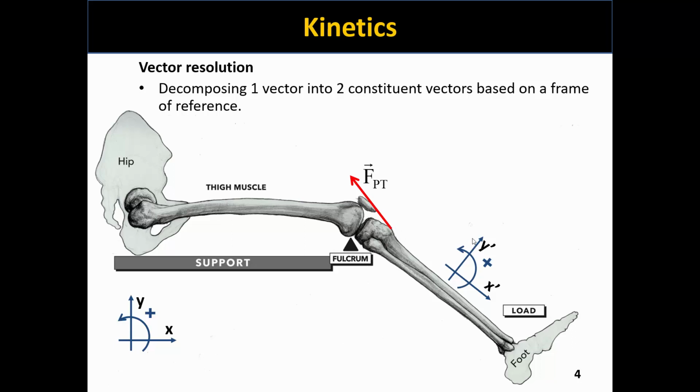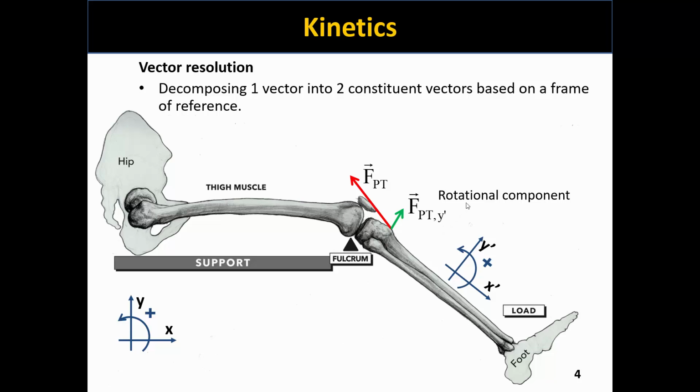Now, because we have our coordinate system specific to the position of the leg, we can take this resultant vector and decompose it into two separate parts. We have a vector that is directed perfectly perpendicular to the x-prime axis, or the lower leg, and we're just going to label that force of the patellar tendon in the y-prime direction, because this vector is parallel with y-prime.